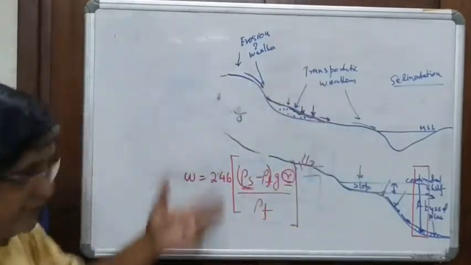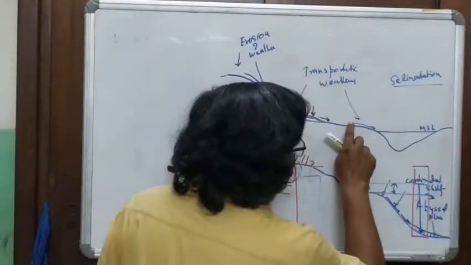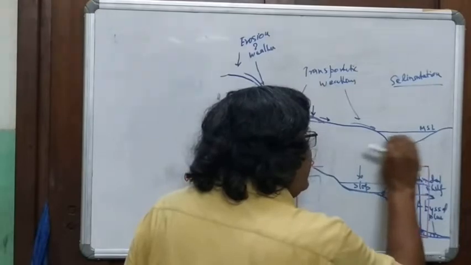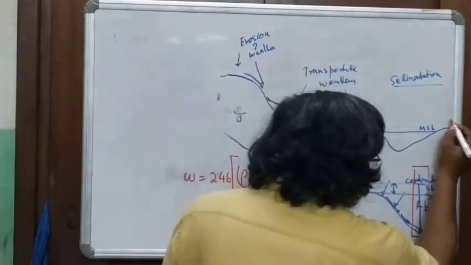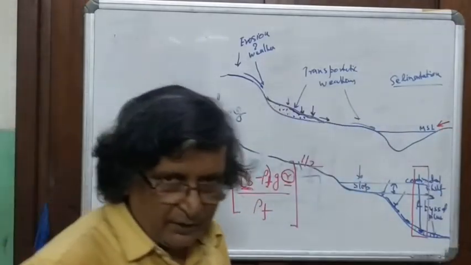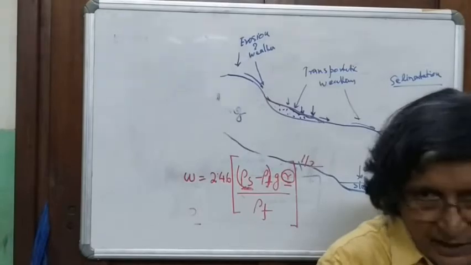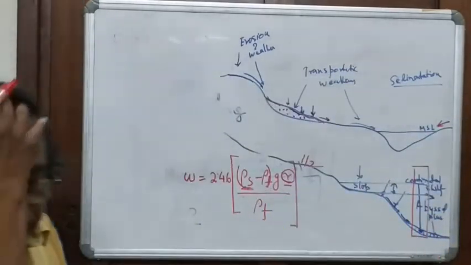So if you have such a situation where in a particular depression, could be a lake or something, materials are being deposited from multiple river systems, then all the river systems are not bringing you the same material. They are bringing you different material. And remember another thing.